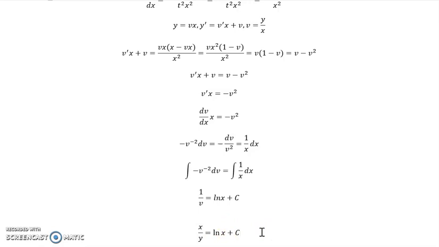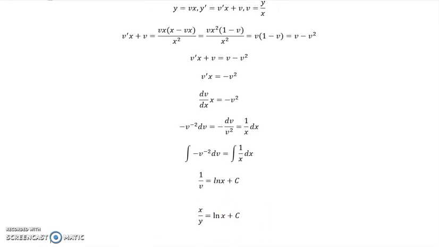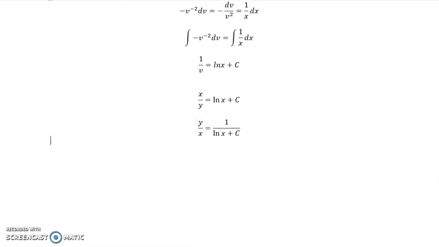It's certainly possible in this particular example to go ahead and solve for y. We'd take the reciprocal of both sides: y over x is equal to 1 over ln x plus c. And then multiply both sides by x: y equals x over ln x plus c.